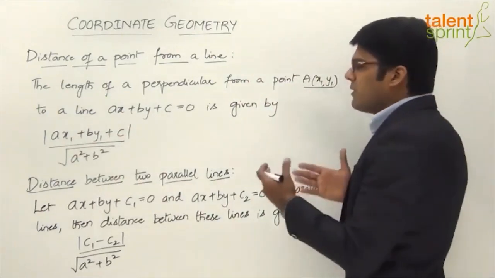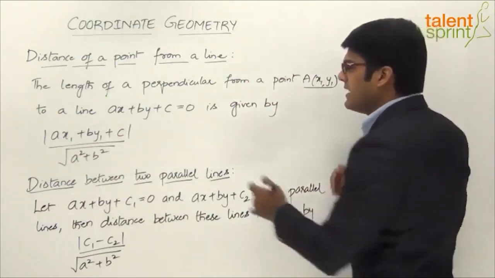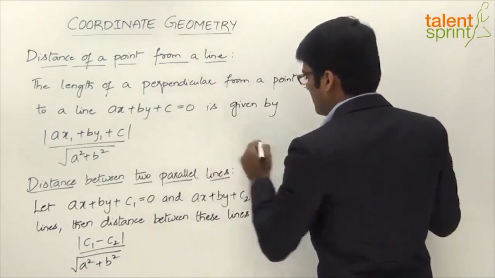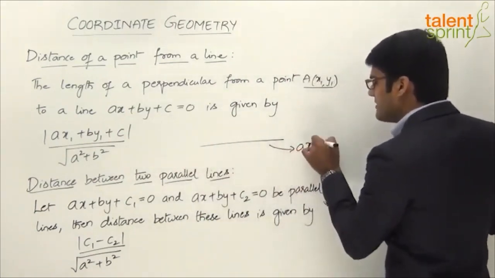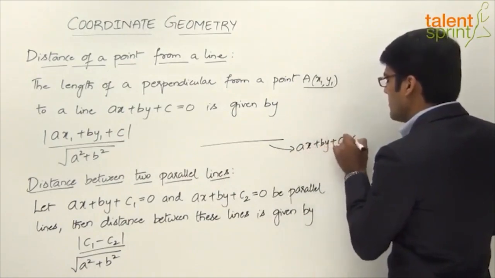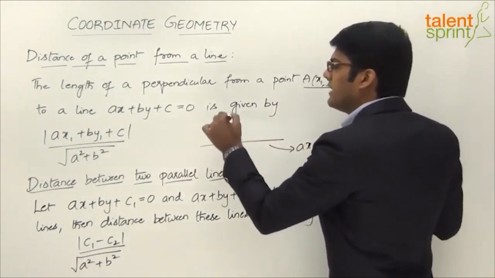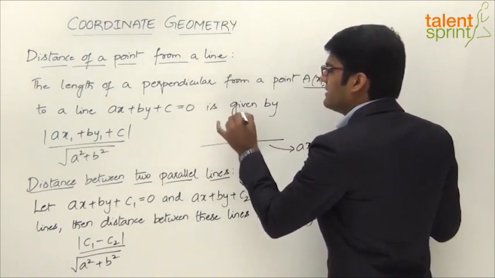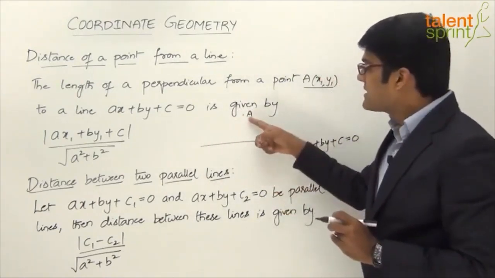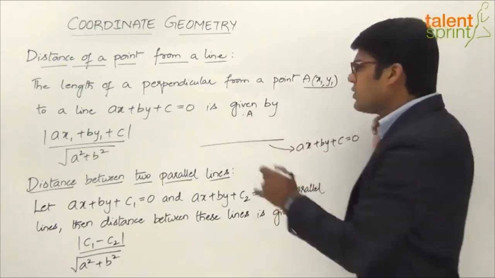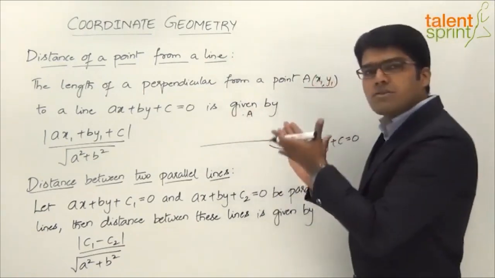So how does it look when you put it on a graph? Let's say this is a straight line described by ax plus by plus c equal to 0, and we have a point, point A, which is A of x1 comma y1. When we have to measure the distance between the point and the line, we drop a perpendicular. The shortest distance is always the perpendicular.